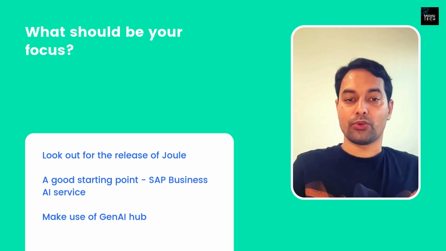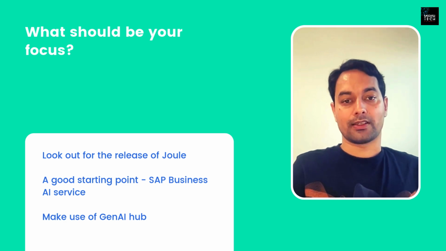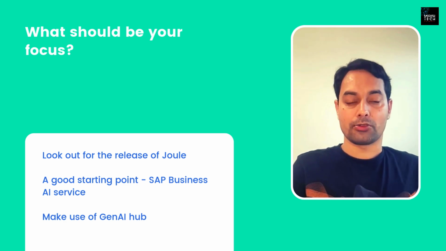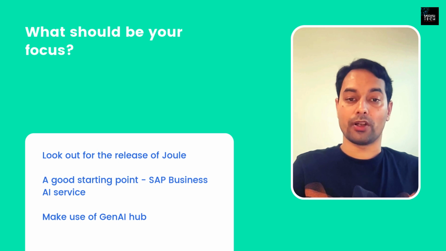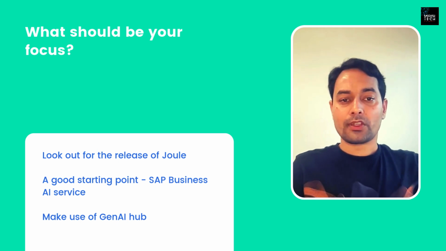Then only you can focus on the quality of your delivery. Then only you can know where the human element is required, and you can make your solutions better in terms of saying that yes, this particular task can be done by Joule, but no, this is the one which requires human intervention. So that's one.